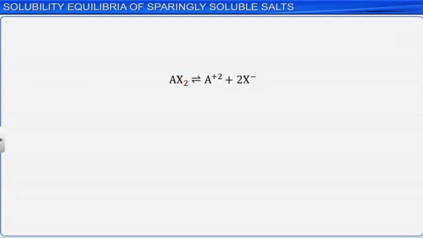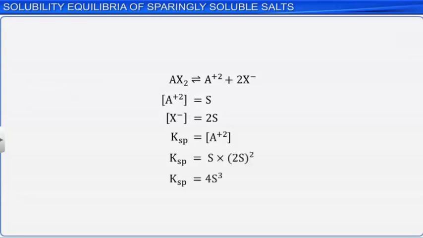The equilibrium reaction for this dissociation may be represented as AX2 in equilibrium with A plus 2 and 2X minus. The solubility product Ksp for the salt AX2 can be written as Ksp is equal to the product of concentration of A plus 2 and X minus raised to the power of 2.